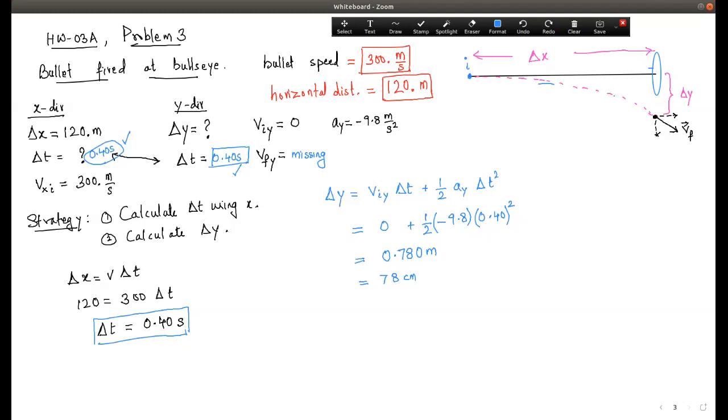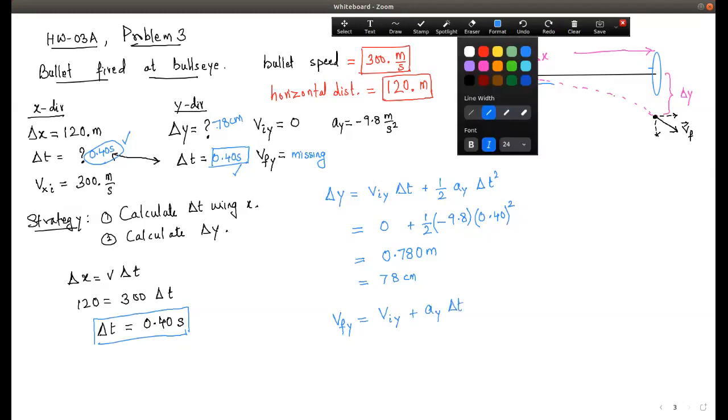And what else could we find in here? Now that we have delta y, 78 centimeters, better to keep it in meters, 0.78 meters, we have all the information except the final velocity. One could find that also. The final velocity in the y direction would be equal to the initial velocity in the y direction plus ay delta t.